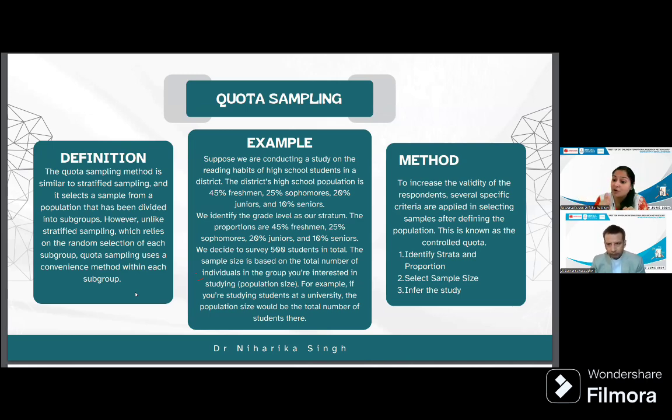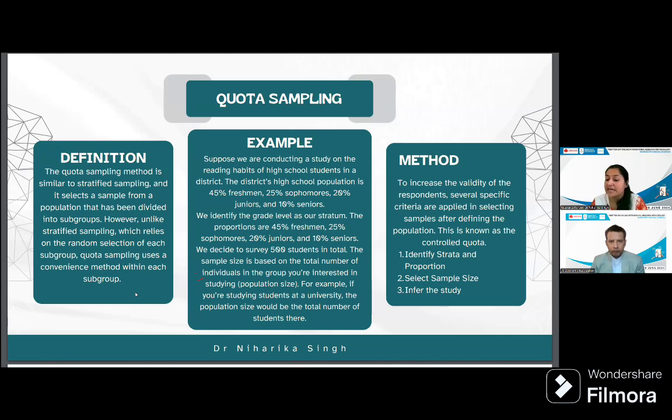Now, in order to take a sample from them, I will have to create a sample size which will be equivalent to the representation of the percentage population of the same.